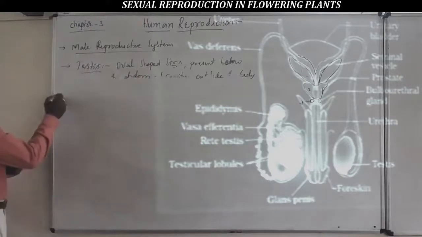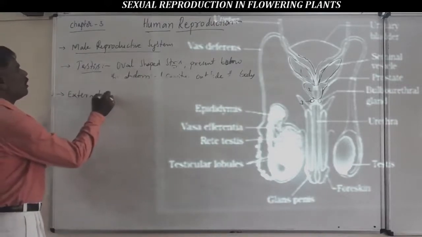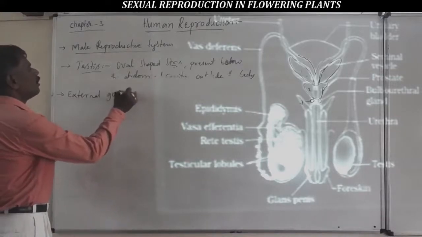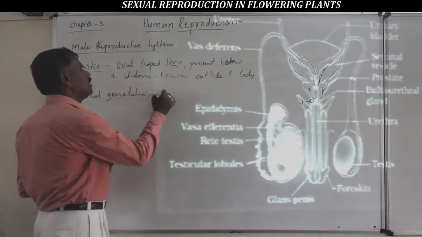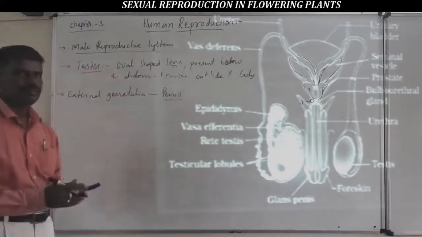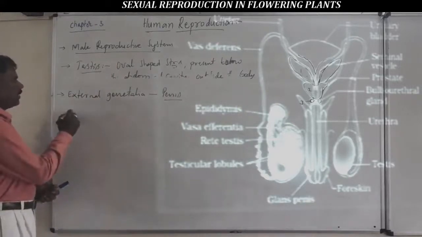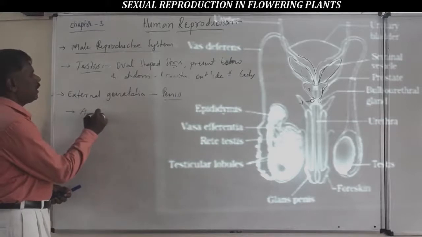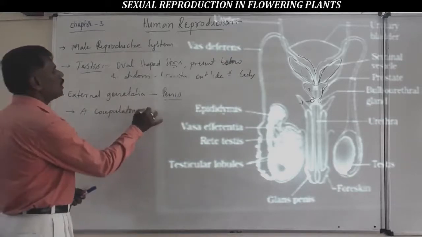So next, the external genitalia, that is the penis. The penis is a copulatory organ.